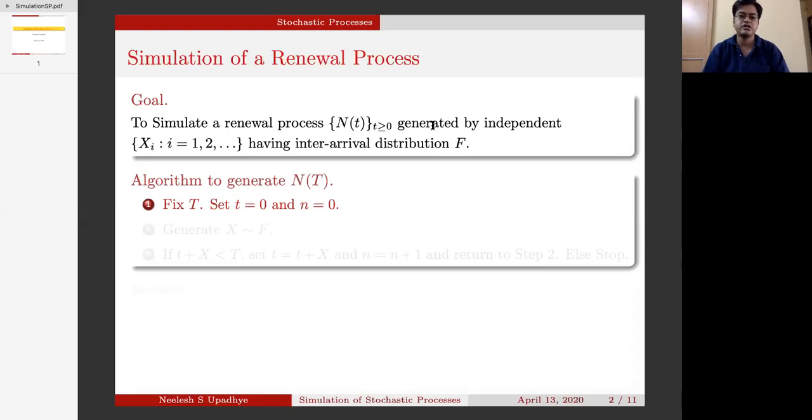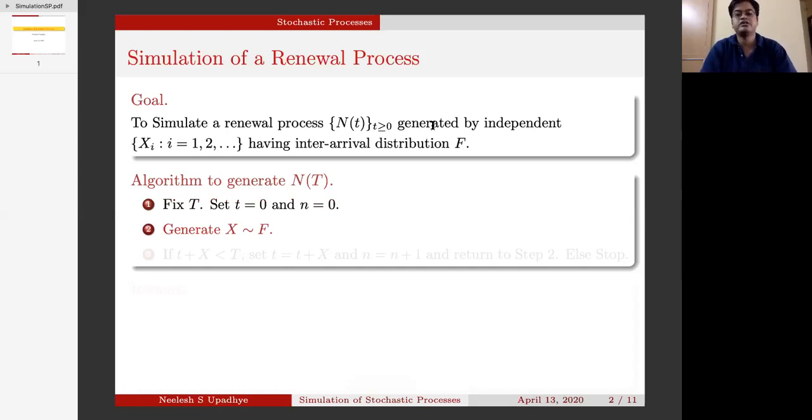So we start with t equal to 0, n equal to 0. The next immediate question is, how long will it take for the first event to happen? The answer is the inter-arrival distribution, which is F. So naturally our job then becomes to simulate X which follows F.